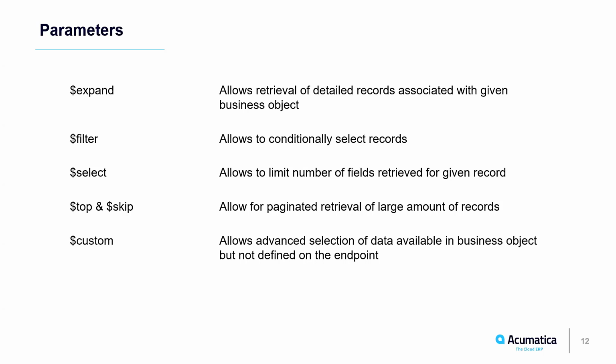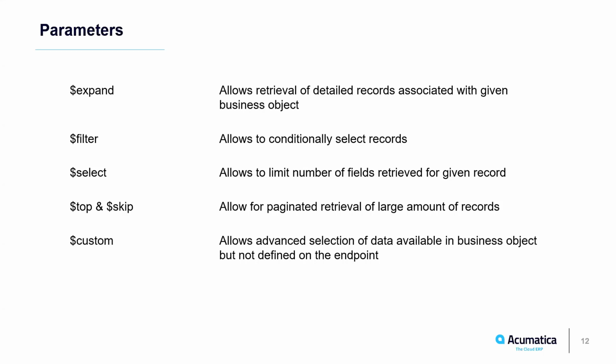So if you combine both of them, let's say top 1000 skip 4000, it would skip the first 4000 records and then return the next 1000, so the 4001st until the 5000th record.